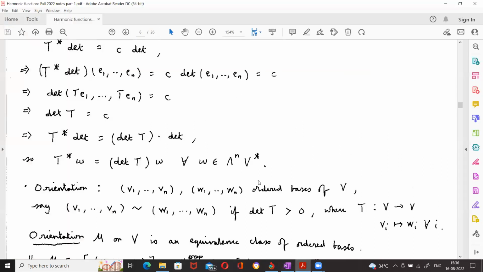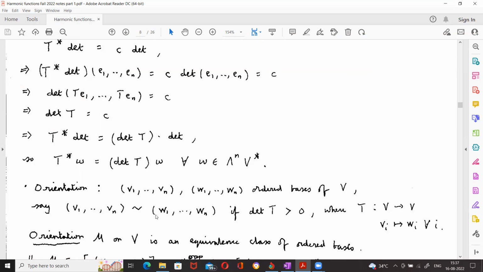Okay. Now we can come back to orientation. So first, let V1 to Vn and W1 to Wn be two ordered bases of V. Then we say that V1 to Vn is equivalent to W1 to Wn if, remember, when I have two ordered bases, that gives me a unique invertible linear map T from V to V which sends each Vi to Wi, right?